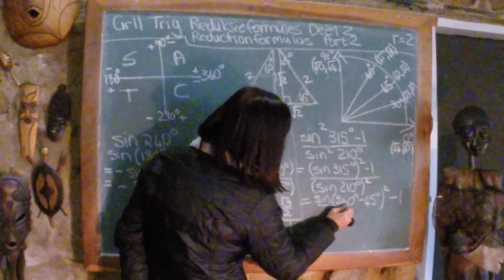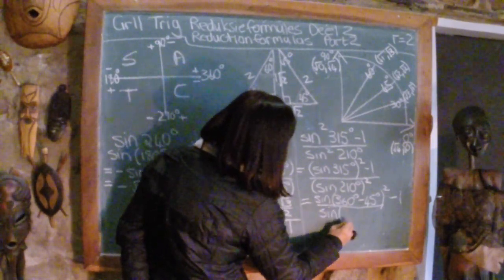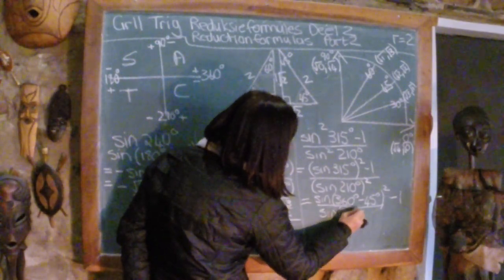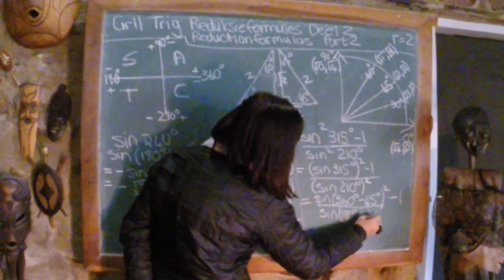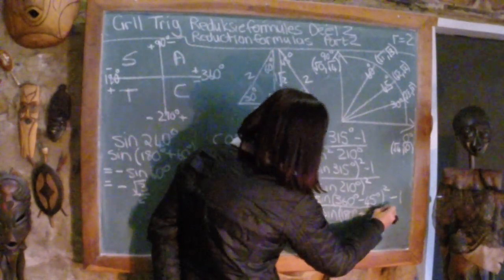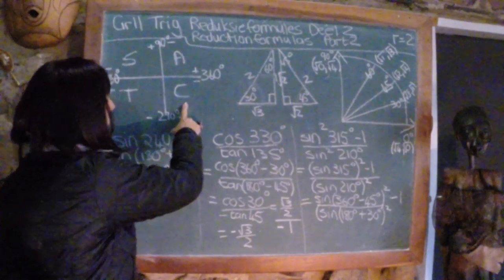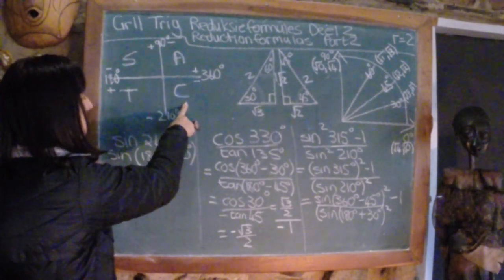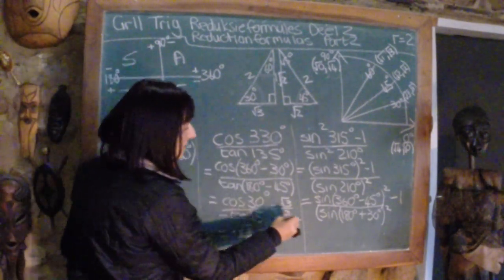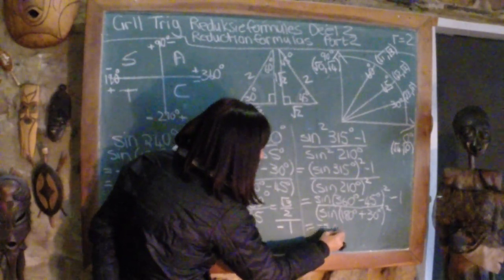Substitute it into the place of. Doen substitusie. 210 is 180 plus 30 grade. And that's a square as well. So die sin van 360 minus is min sin van 45. So that's going to be the minus sin of 45.